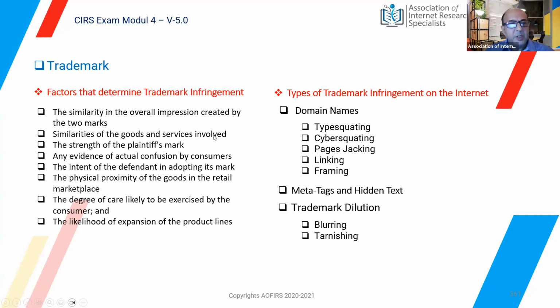Similarities of the goods and services involved. There are these classifications, which have a recommended classification of the type of goods, and then there are sub-classifications of those types of goods that are given a number which identifies with that product. For instance, if it's shoes, then it could be running shoes, it could be basketball shoes or something like that.